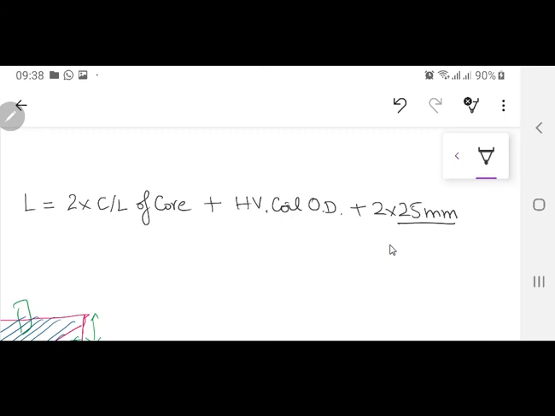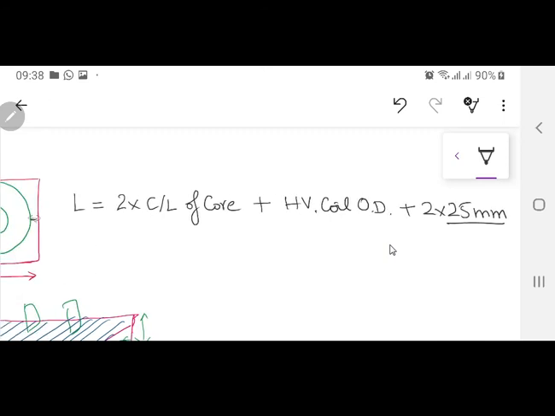Now what is this 25 mm? This 25 mm is the clearance distance. One thing very important, since I am designing a 100 kVA transformer, this 25 mm is small. If it was a big transformer, then you have more heat, then certainly you will have to dissipate more, you will have to have a larger clearance distance.